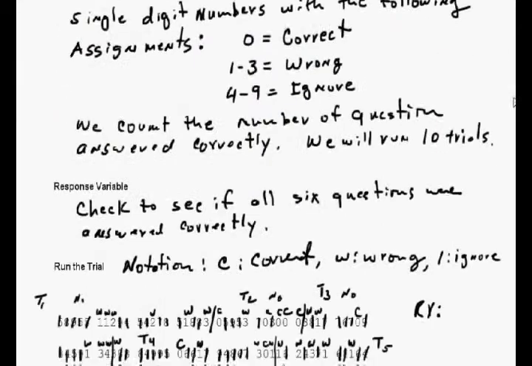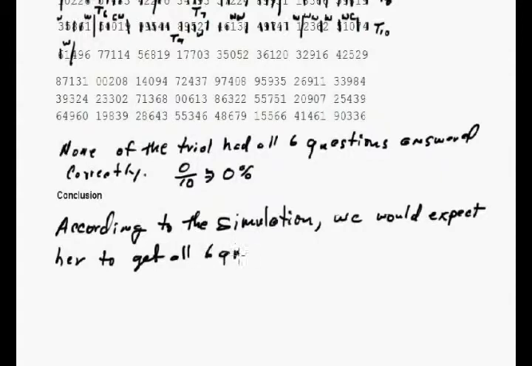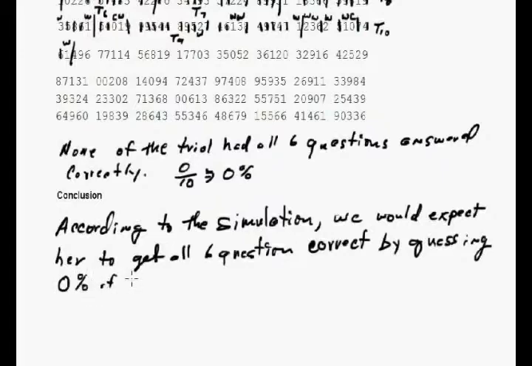So according to the simulation, we would expect her to get all 6 questions correct by guessing 0% of the time.